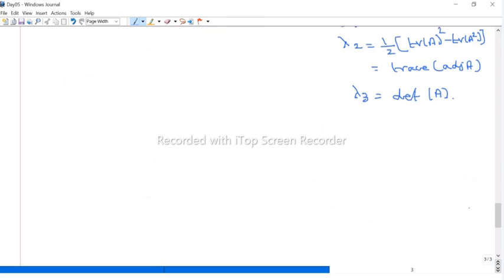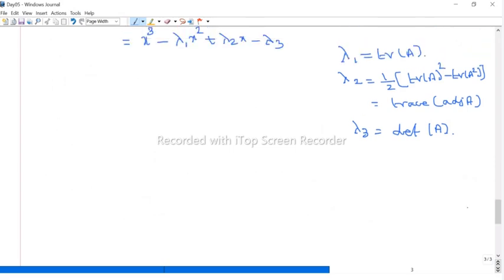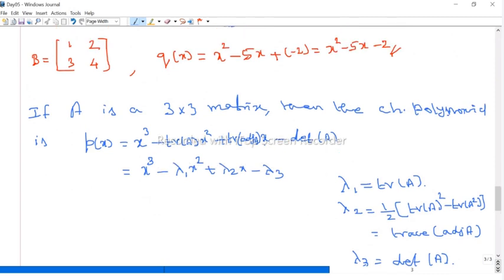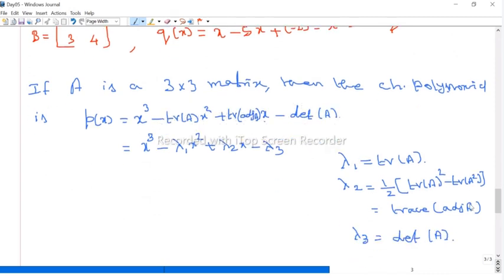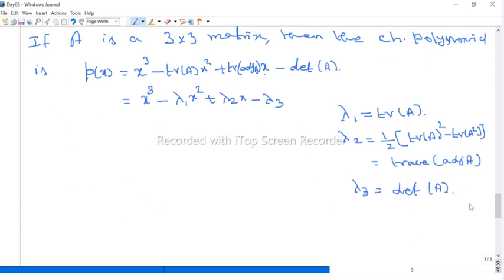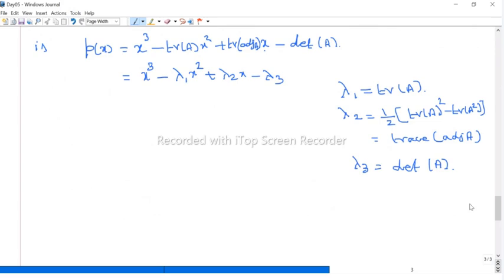Now we define what is the eigenvalue or characteristic value. Because the characteristic polynomial is a polynomial, we can find the roots of the polynomial. The roots of the characteristic polynomial are called characteristic values or eigenvalues of the matrix.